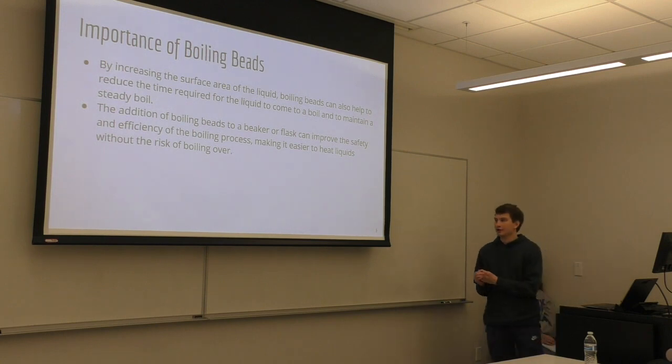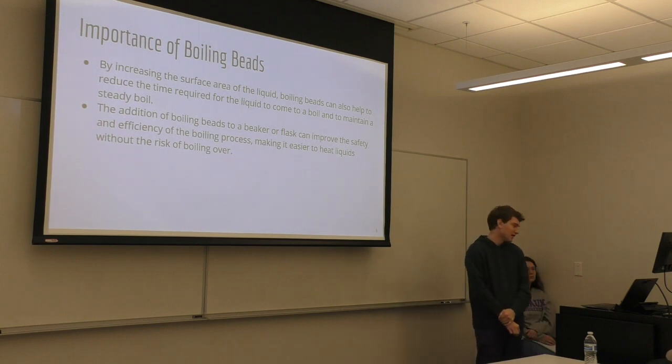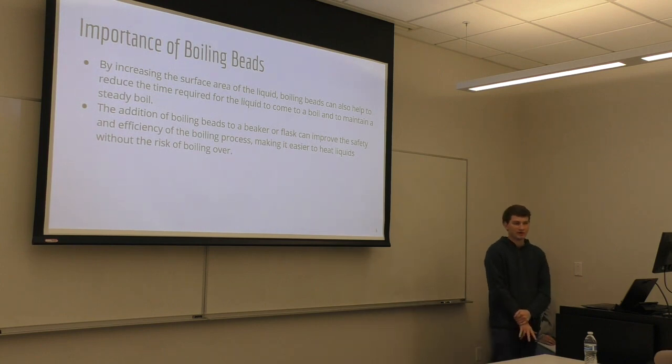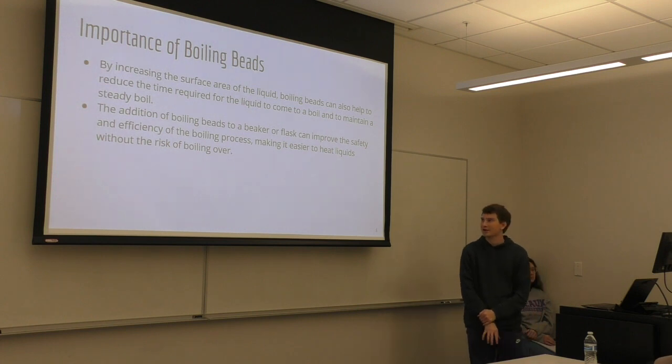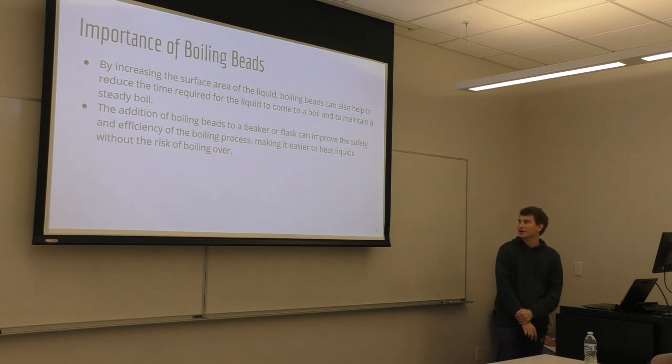Also not noted in the experimental apparatus are the boiling beads at the bottom of the flask. The boiling beads are important in our experiment because they increase the surface area of the liquid.